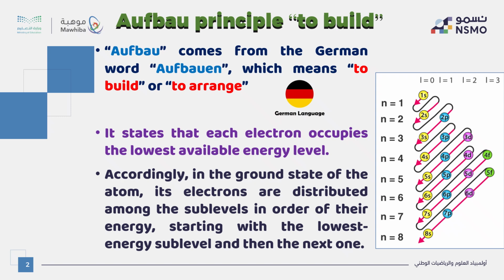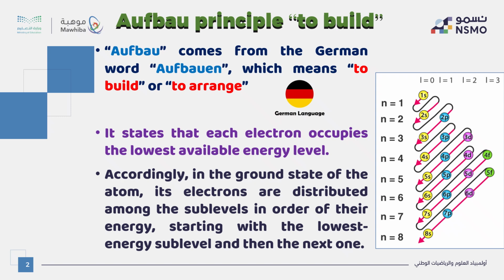For example, 4s fills before 3d, 5s fills before 4d, 6s before 4f. This happens because s orbitals are lower in energy than d and f orbitals in nearby energy levels.